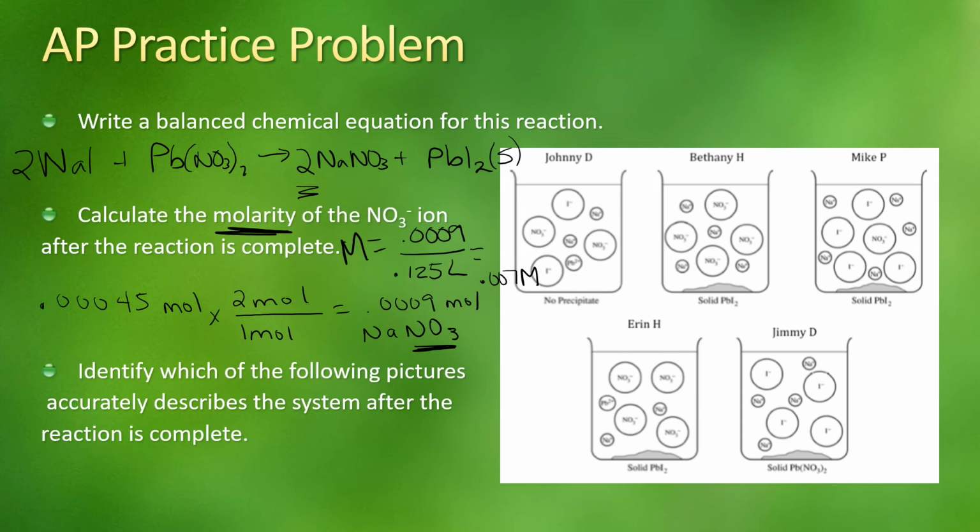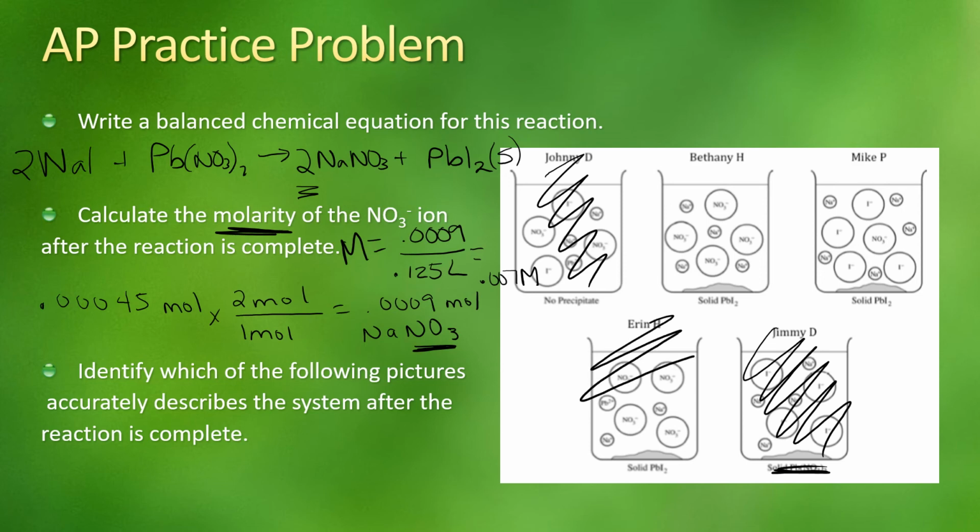So that tells me off the bat, this cannot be the right answer. There is no solid precipitate formed. It also tells me that this cannot be correct, as the solid precipitate is not lead nitrate. You also told me that Pb(NO3)2 was the limiting reactant. Therefore, I should not see any Pb ions anywhere in solution.